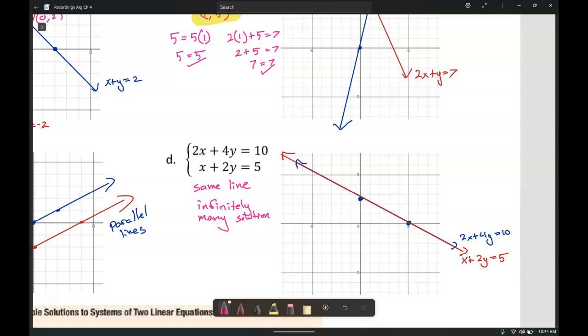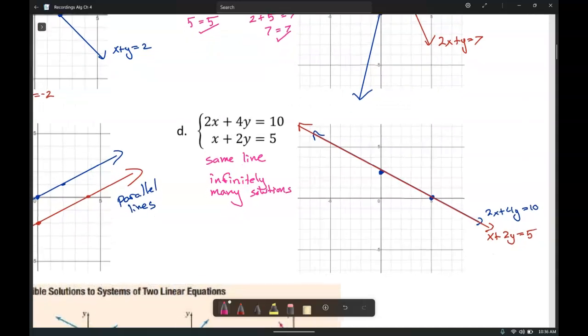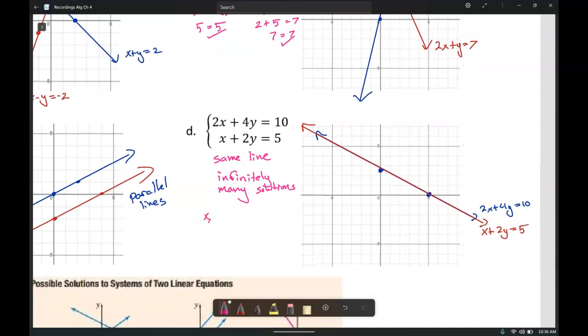solutions. And what we can do is say that our solution is all ordered pairs (x, y) such that, and then we give our equation. We could write our equation in standard form, or in slope-intercept form, but we're just saying that all points that exist on this line are our solution set because we can have any and all points and they are the same line.